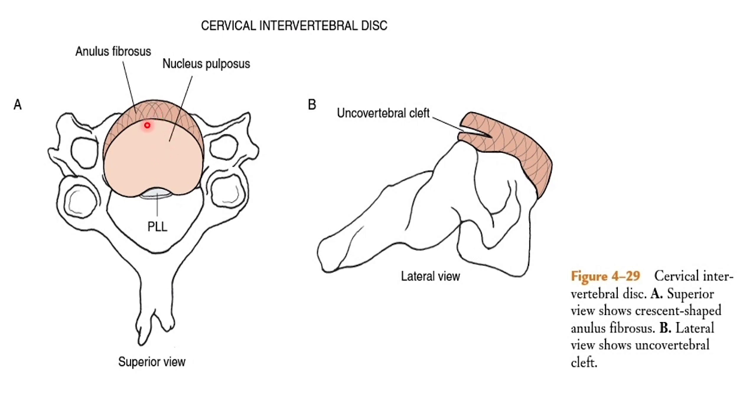The annulus fibrosus is crescentic in shape when viewed from above, that is the superior view. We can see the crescentic annulus fibrosus is thick anteriorly and tapers, or is thin, in the lateral aspect. As it approaches this process, known as the uncinate process, it is almost tapering laterally.